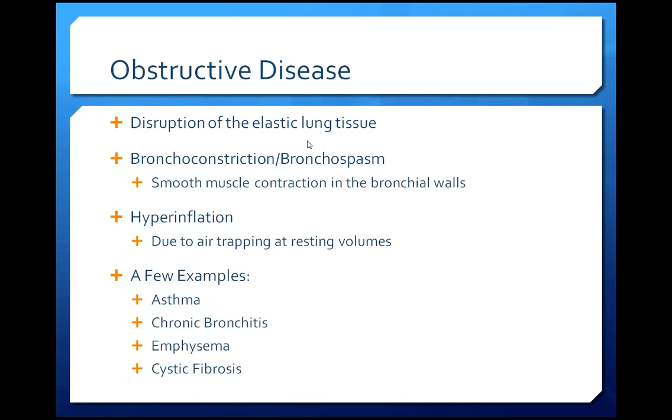It's smooth muscle contraction in the bronchial walls. There is supposed to be some contraction there, but this is an overcontraction of that smooth muscle, closing down the airways so air can't get out of the lungs. You get hyperinflation, and dynamic hyperinflation if it happens during activity. The air gets trapped in the lungs and creates that feeling of shortness of breath, or dyspnea.